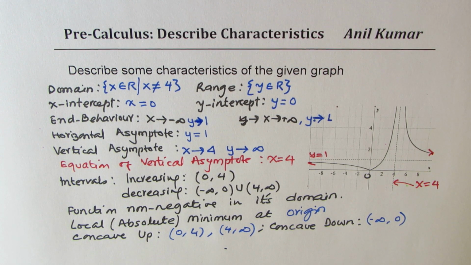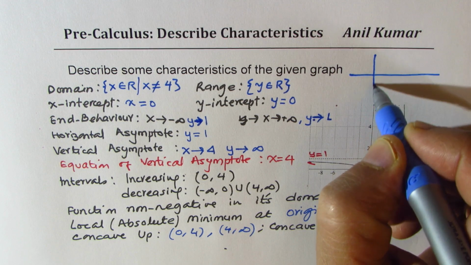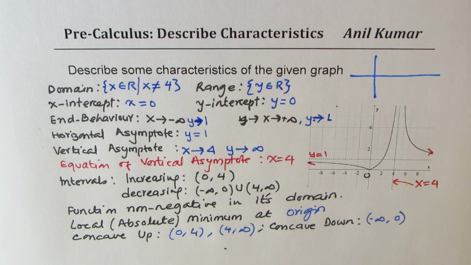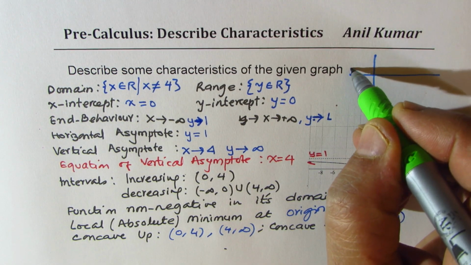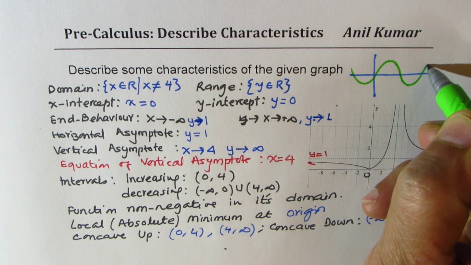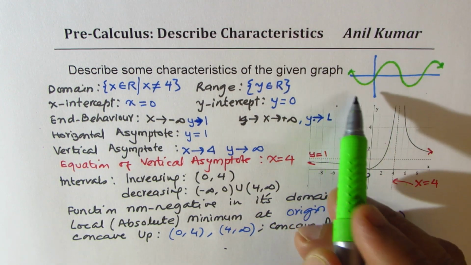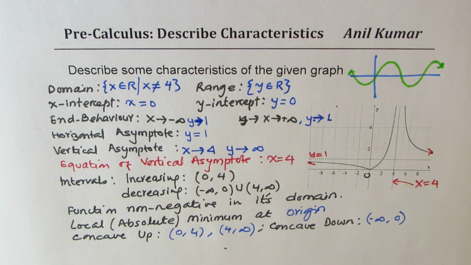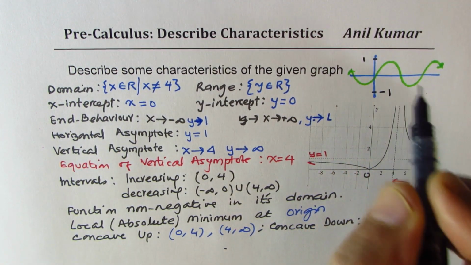Let me give you one as a test question for you, which is slightly different from what we have done, but it will be helpful if you could look at some of my videos and then understand how to describe such functions. So we'll have a sine graph, for example, right? So this is a sinusoidal function which is periodic and it repeats. Describe this graph. You know the maximum and minimum values for this graph are +1 and -1.